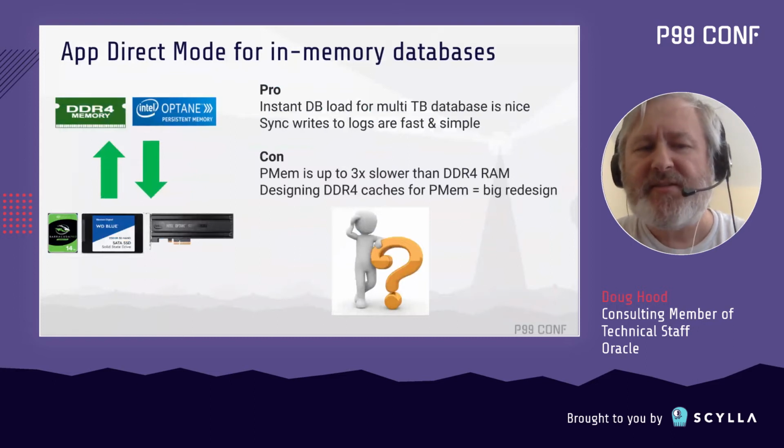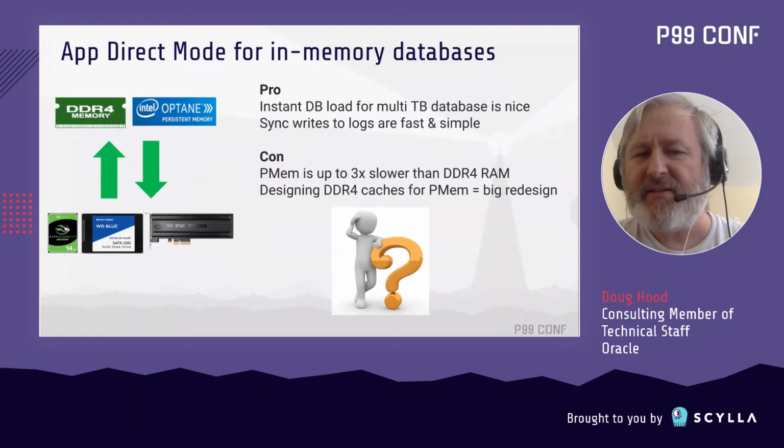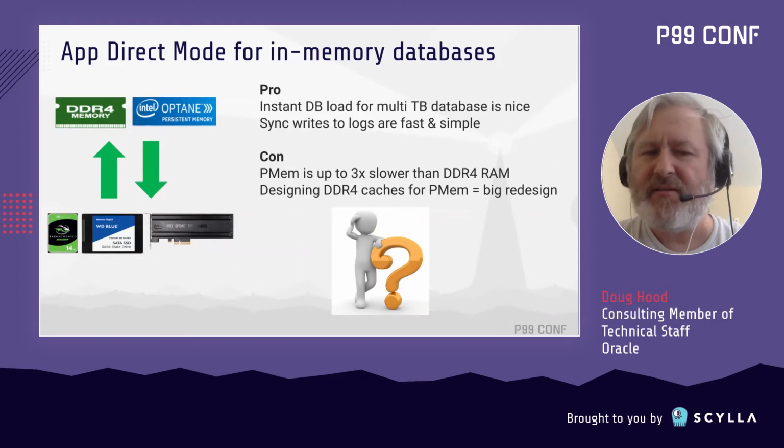Some of the advantages of using persistent memory with an in-memory database is if you have already created your database and you use persistent memory, you can reload or recover that database basically instantly, certainly under a second, even for multi-terabyte databases. If you contrast that to another storage device, you need to measure that in gigabytes per second on how fast you can load that database.